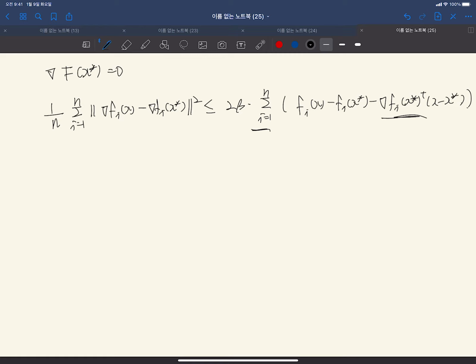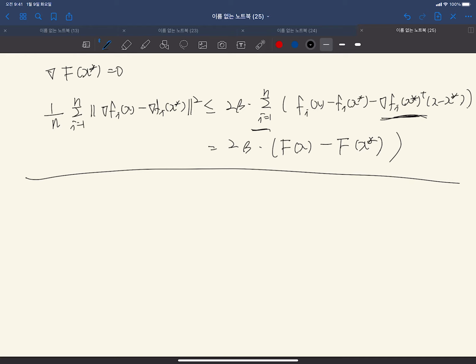We have 2 beta times the total function F(x) minus F(x star). That's it, because the gradient summation is equal to 0. Right?